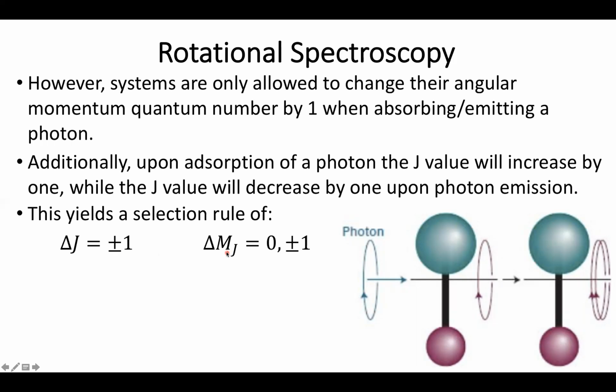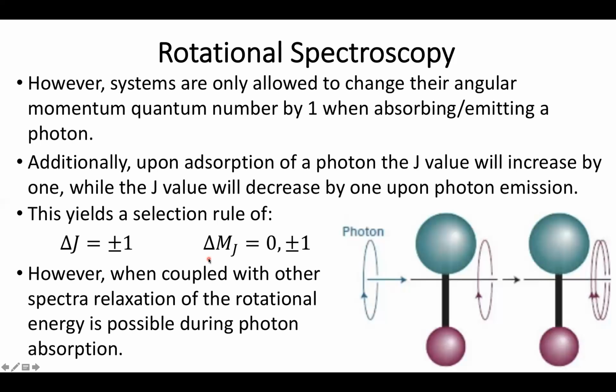However, the change of m sub J is a little bit tricky because, of course, it can also increase or decrease by 1. But it's also possible that any increase in the angular momentum, instead of going into the z direction, instead went into the x or y. So it is actually possible for m sub J to stay constant, even upon an absorption or a photon emission.